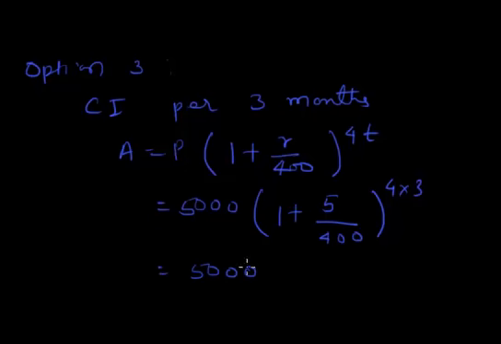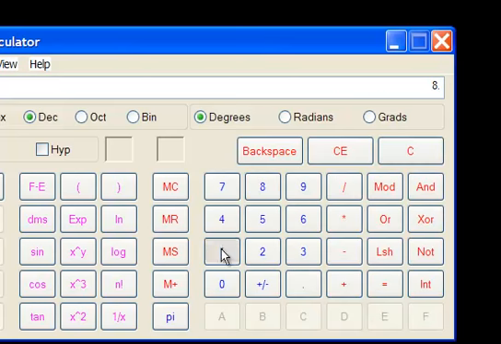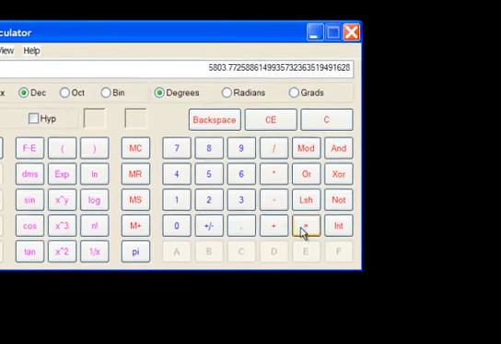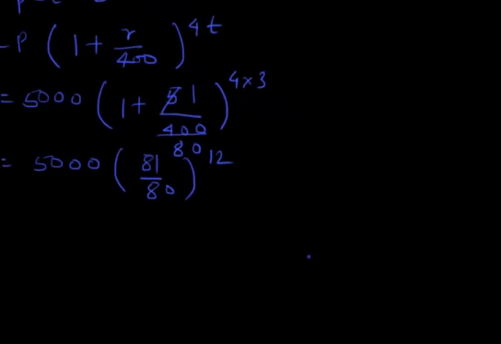So this is 81 over 80 raised to 12. If I calculate its value, 81 over 80 raised to 12 times 5,000 is 5803.7, so 5804 dollars.